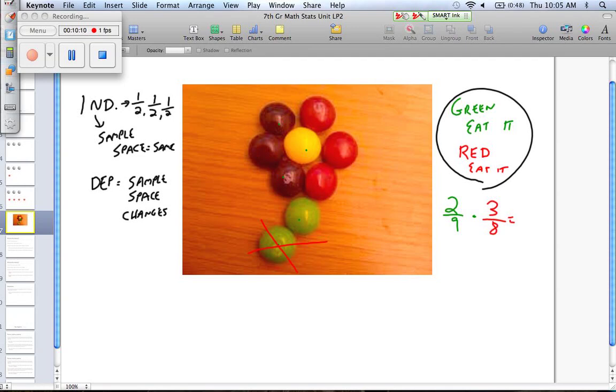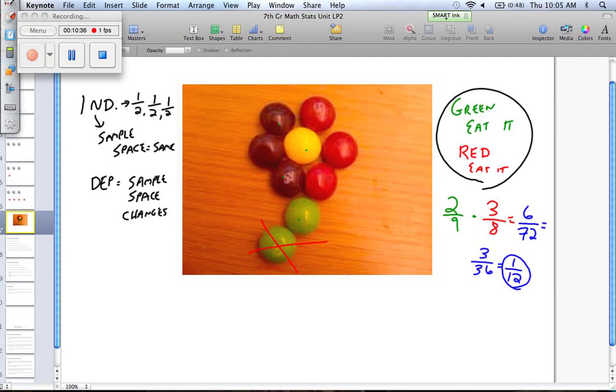So my probability is 2 times 3, which is 6, over 9 times 8, which is 72, which I can then reduce to be 3 over 36, which would be 1 over 12. My probability is 1/12.